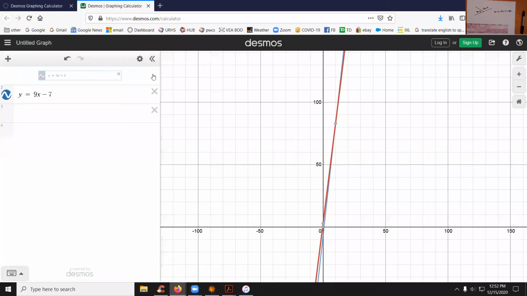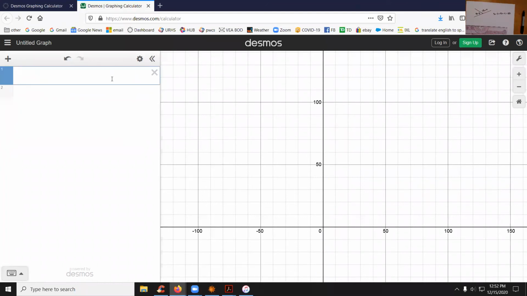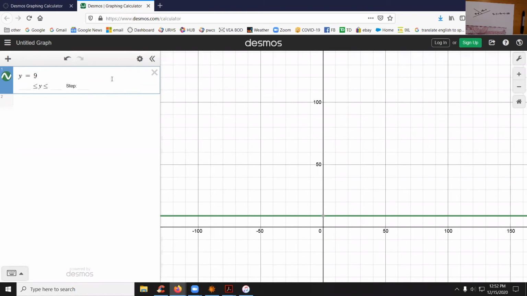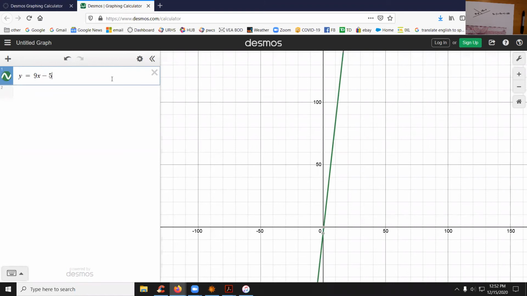I'm going to clear these out because they're from the old problem. And I'm going to type in the entire left-hand side, y equals 9x minus 5 plus 18x minus 4.